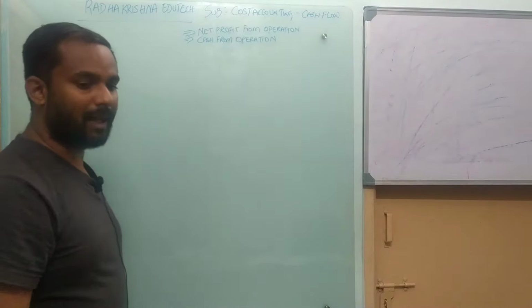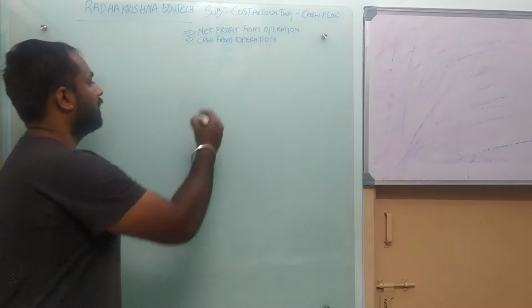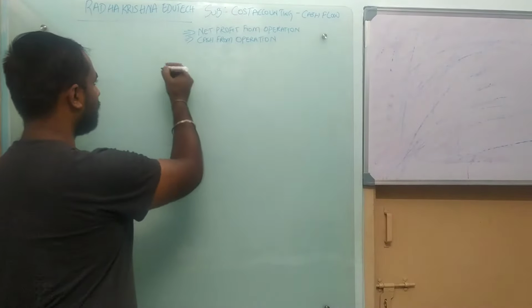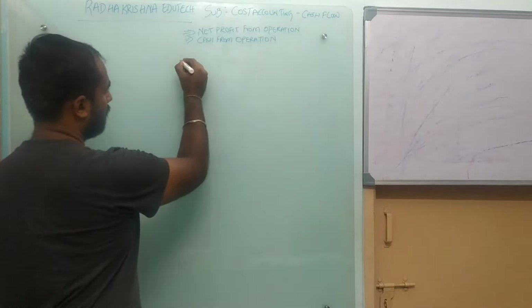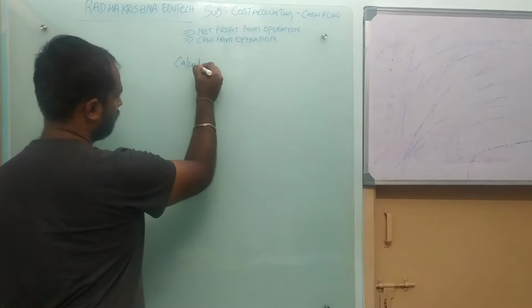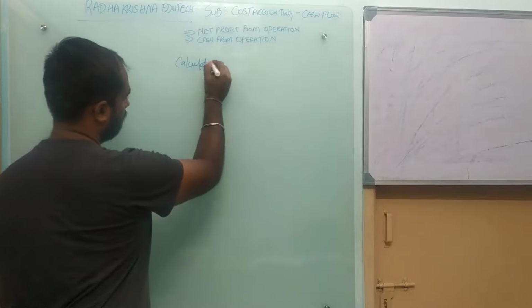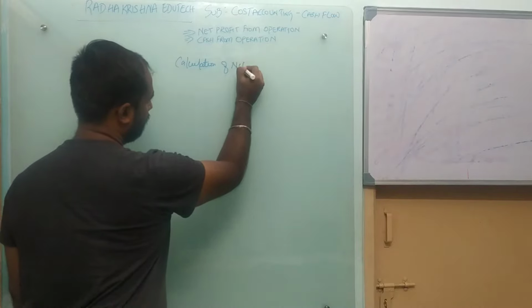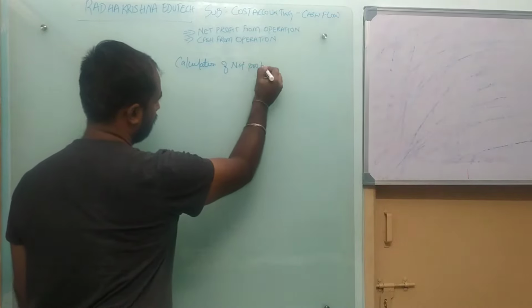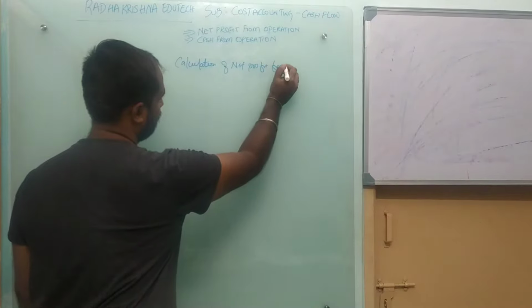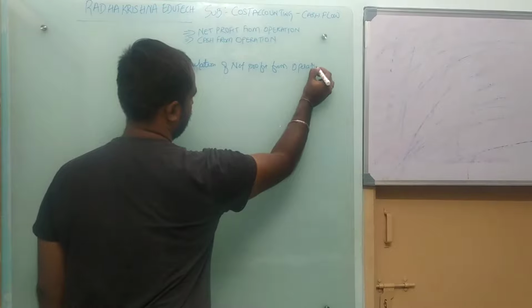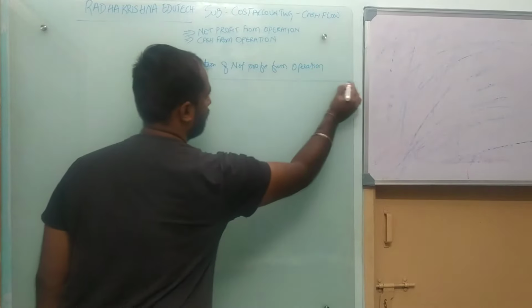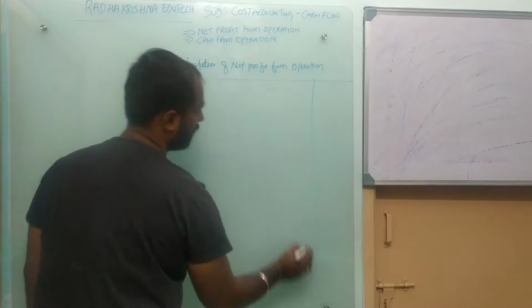The first thing we'll calculate is the calculation of net profit from operation. Okay, so we will do two items.